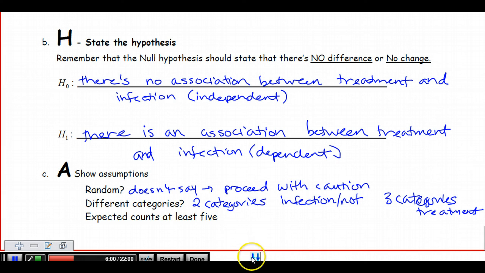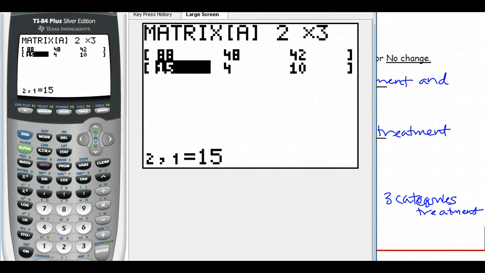The expected count's at least 5. For this, since we're not doing it by hand, we're actually going to run the test right now, and then we'll come back to this and write this in here. So let's go ahead and run the test, and then we'll be able to do the rest of ours as well. Let's go to our calculators.